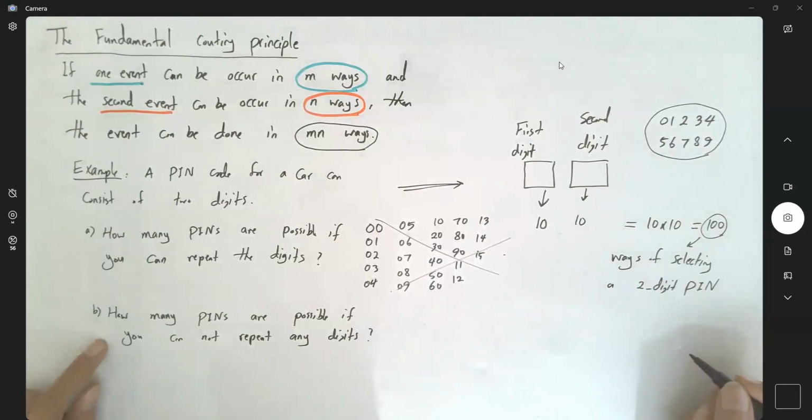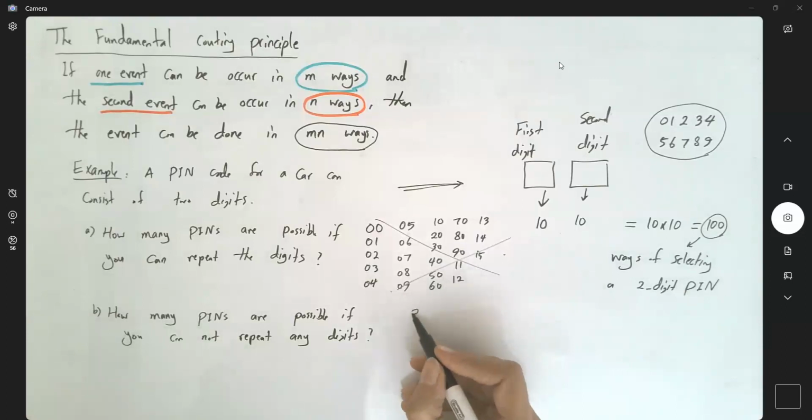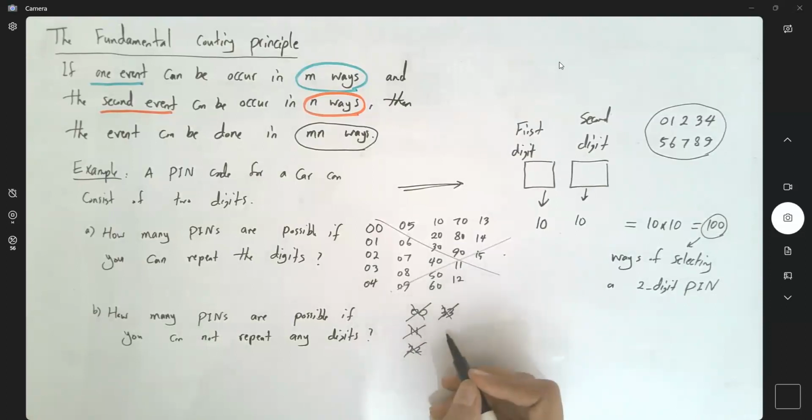However, the question might impose that you are not allowed to repeat any digits. What about this scenario? What's the meaning of that? It means that there is no 0 0 allowed. There is no 1 1 allowed. 2 2, nope. 3 3, no, and so on.